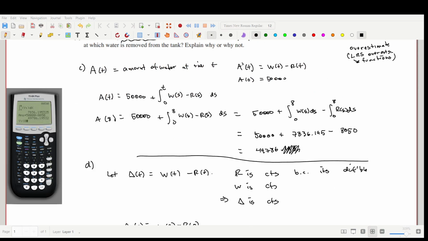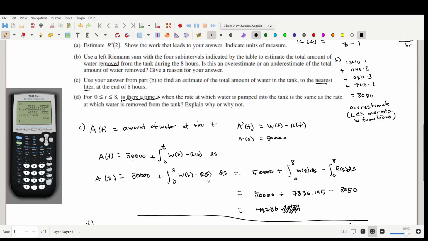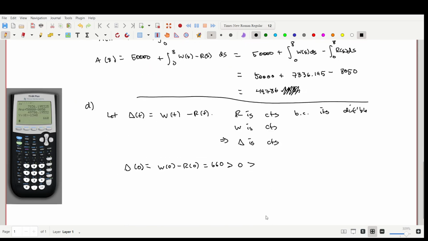Y1 of 0 minus 1340, 660. That's greater than 0, and that's greater than, hopefully, delta of 8, right? It tells you the interval, so probably should use that. It's a good starting point, at least.